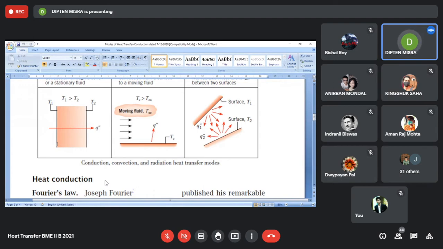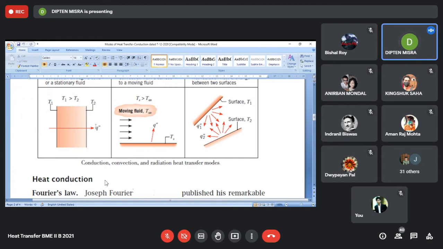On the other hand, if the heat flux varies over the surface area, then we cannot get the heat transfer rate by that approach. Then we have to integrate the heat flux over the surface area of interest. So mostly what we will talk about initially is the heat flux.